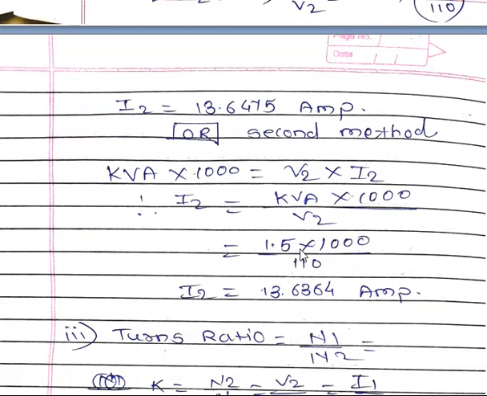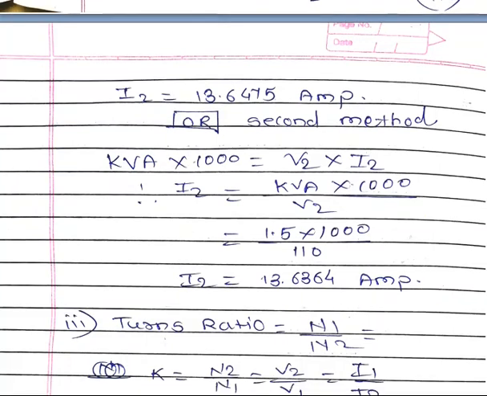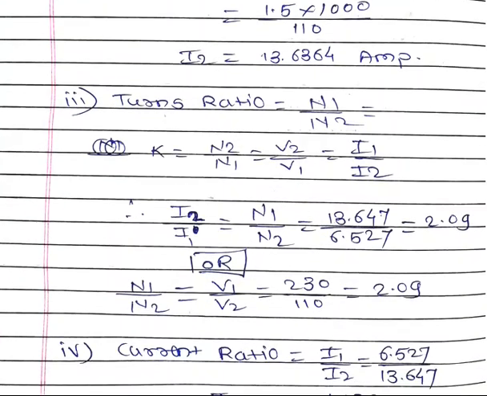Now the equation is 1.5 into 1000 divided by 110. The answer of this calculation is I2 equal to 13.6364 ampere.